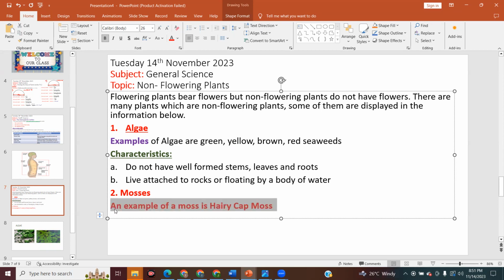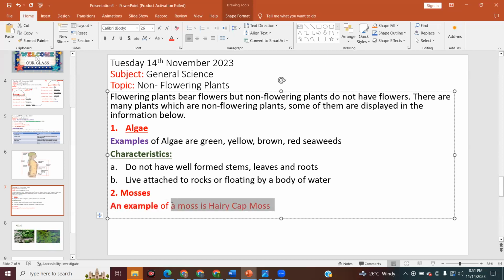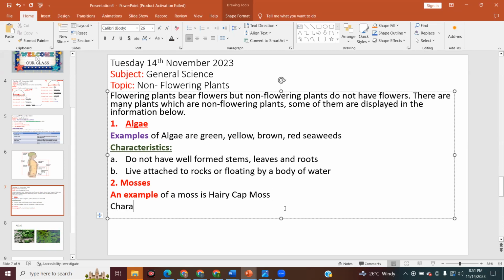Now, since a moss is a non-flowering plant, do we expect it to be able to produce flowers? No, sir. So it's a non-flowering plant, no flowers. So let's look at the characteristics, right?